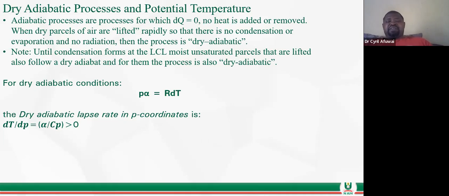For dry adiabatic, the condition is given by pressure multiplied by alpha, which gives us R dT. The dry adiabatic lapse rate in P coordinates is dT over dP.